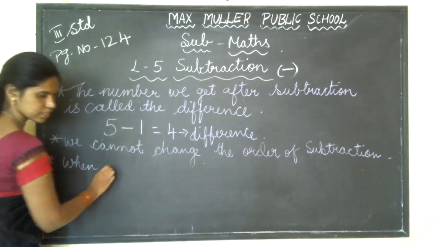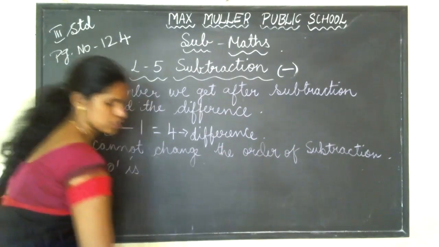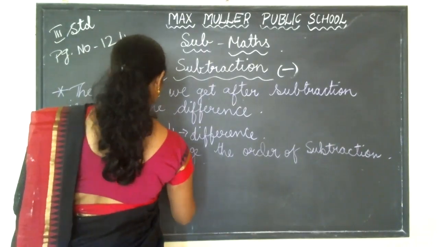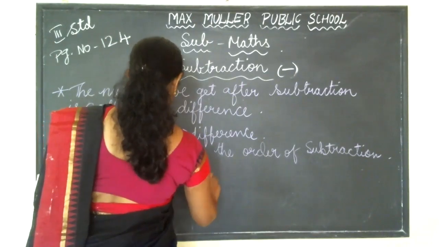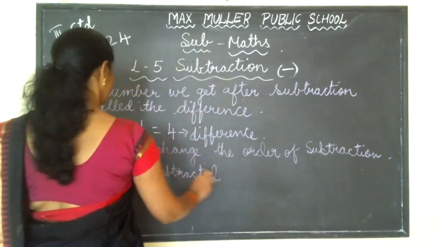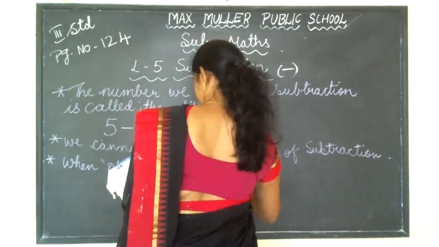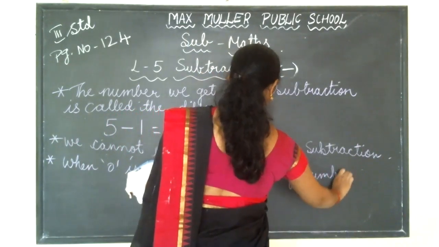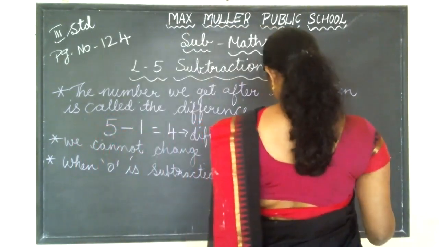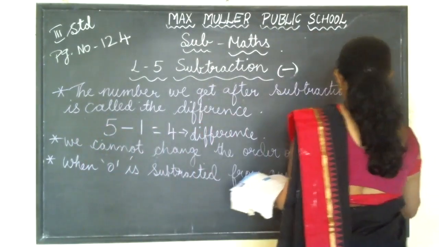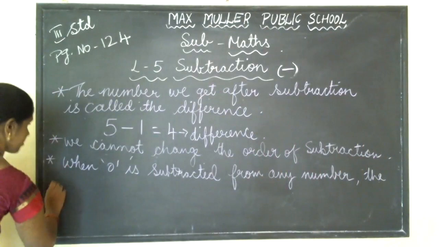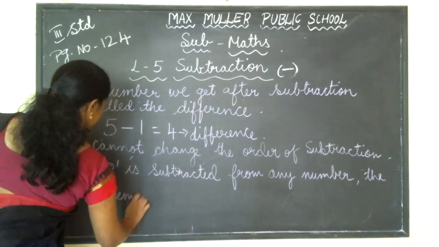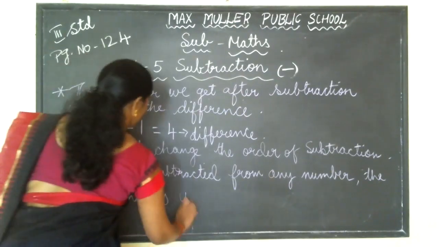When 0 is subtracted from any number, the number remains unchanged.